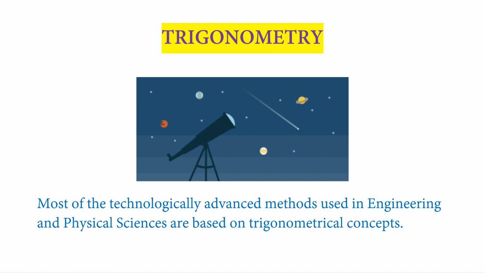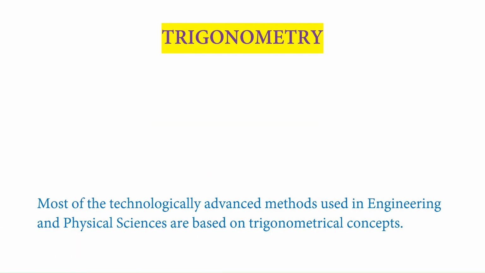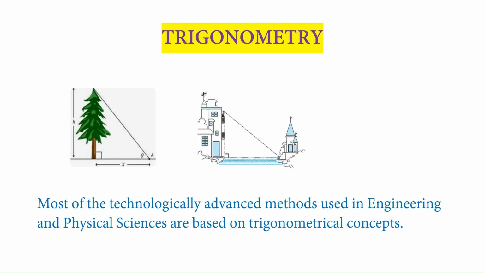With the knowledge of trigonometry, we would be able to answer questions like what is the height of a tree, a building, or a pole without actually measuring it. Also, looking from the top of a building, we would be able to tell at what distance a particular object is present just from the top of the building itself.